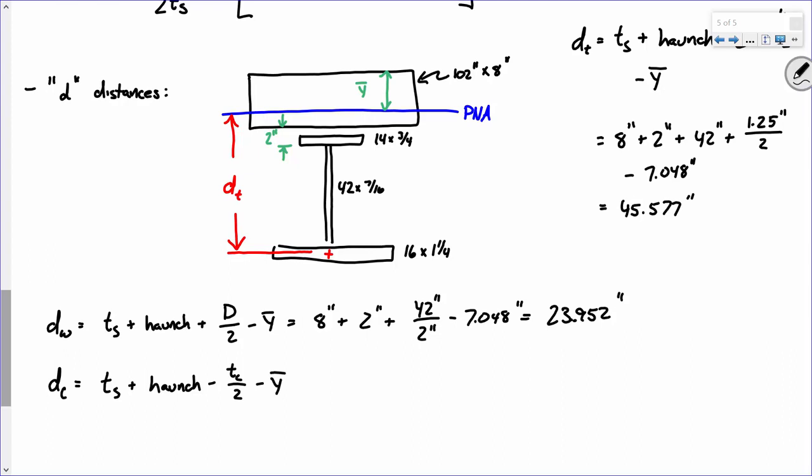Does that make sense? I got to bring that back up. So this should be a pretty small number. What do you got? 2.57. There you go, like 2.5 inches.